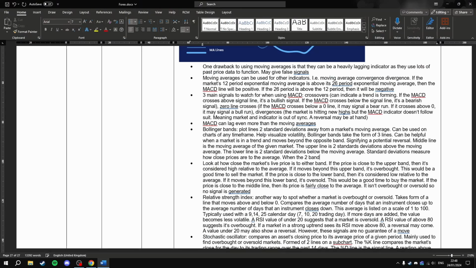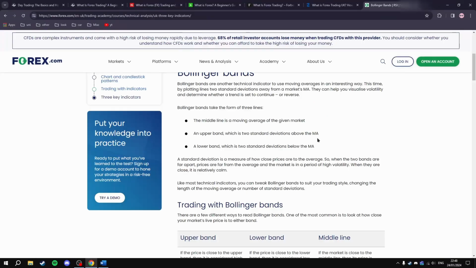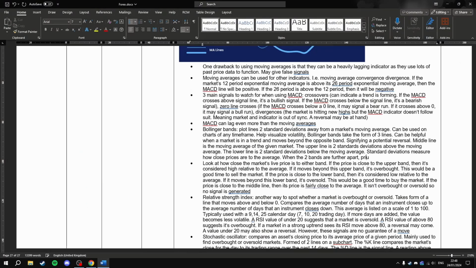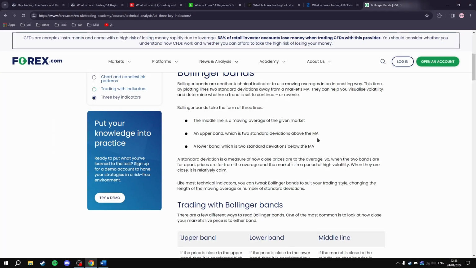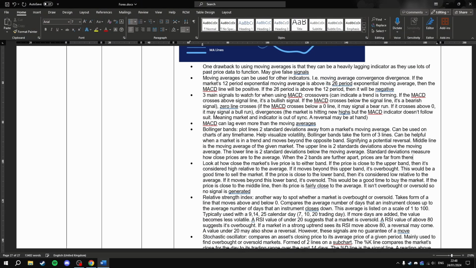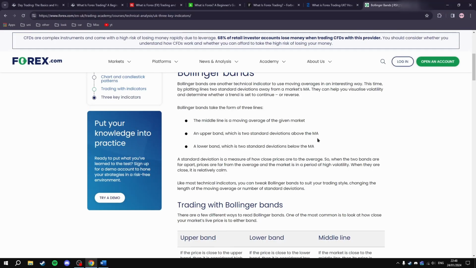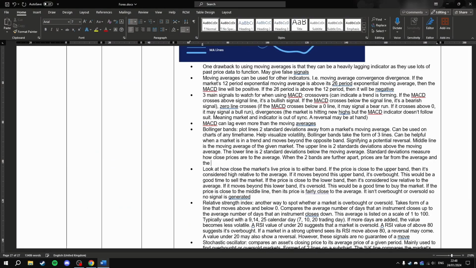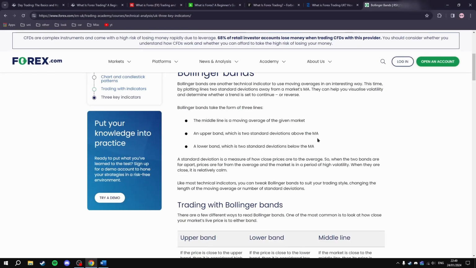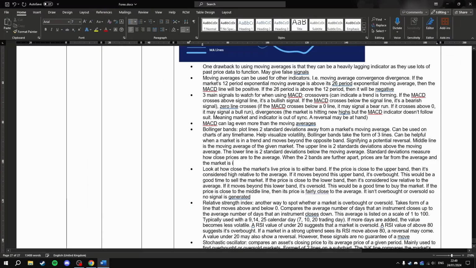When the 2 bands are further apart, prices are far from the average and the market is in a period of high volatility.